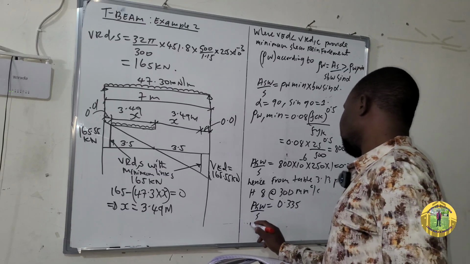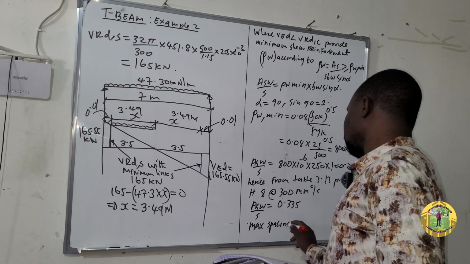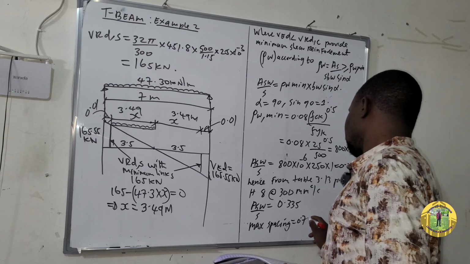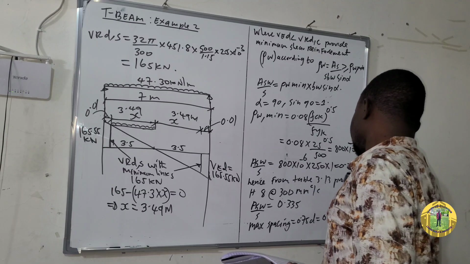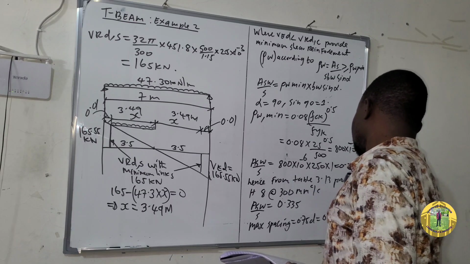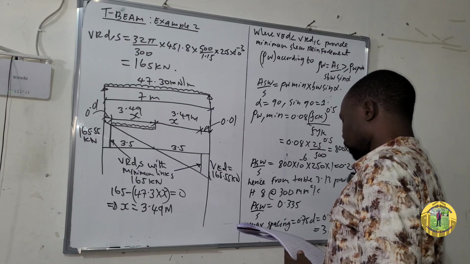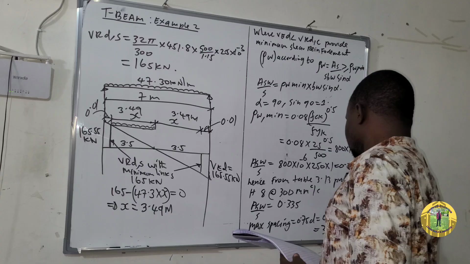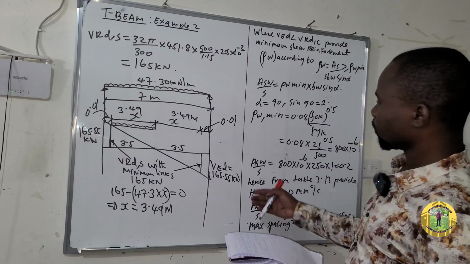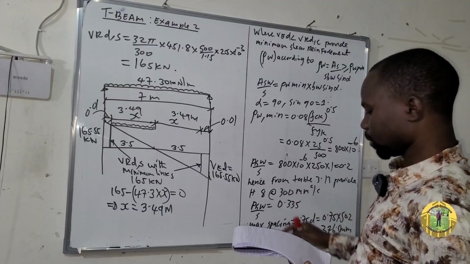And then the maximum spacing is equal to 0.75 D. So this is 0.75 times 502, which is 376.5 millimeter, which is okay because here is 300 millimeter center to center.